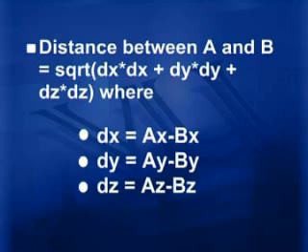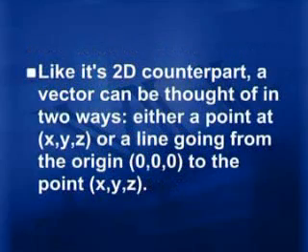So we calculate dy as ay minus by, and similarly dz would be calculated to be az minus bz. We have talked about this before, but let's recap this one as well.